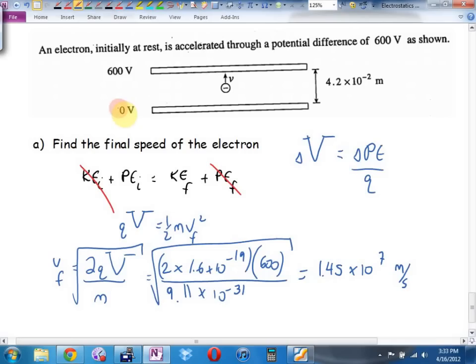Yeah. So this was, then the net voltage would be 550. If it was negative 50, the net voltage would be 650.